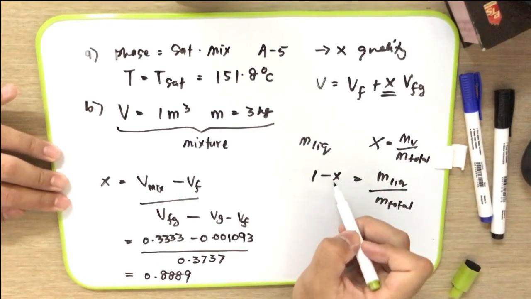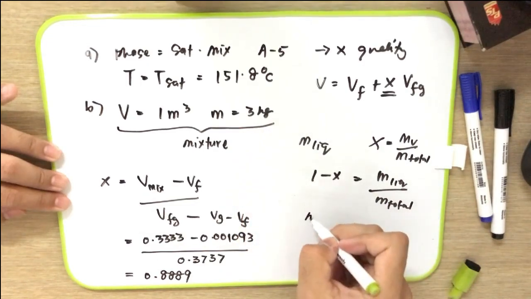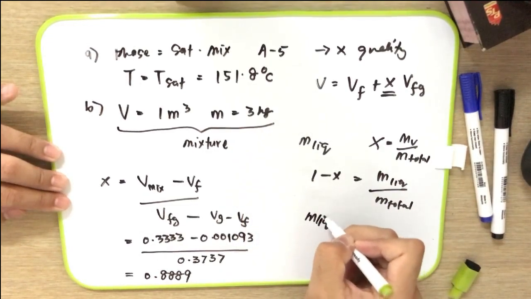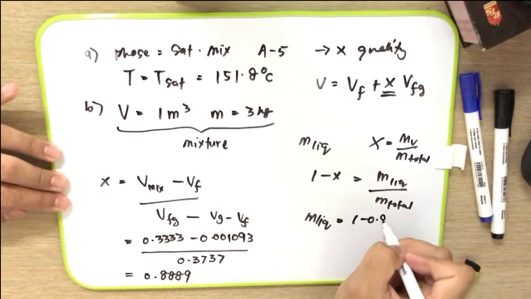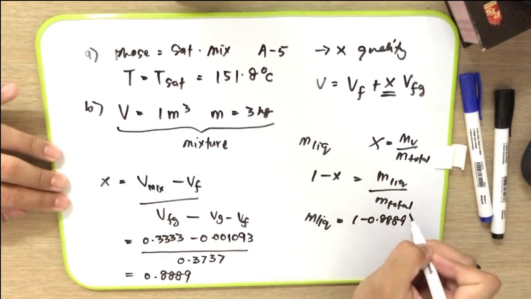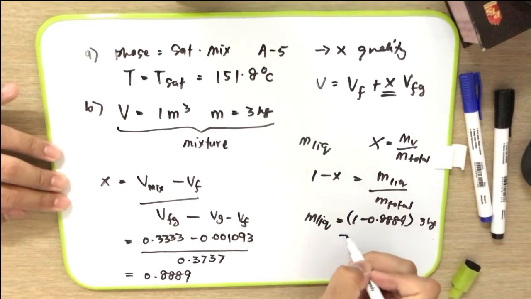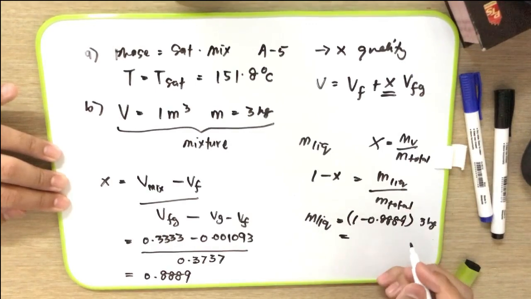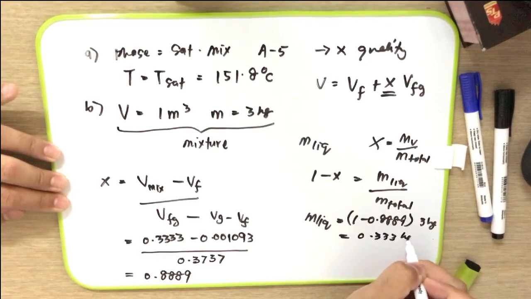So we know already the X, and M total we have 3 kilogram, so we can get M liquid is equal to 1 minus 0.8889 multiplied with 3 kg. So we will get 0.333 kg. So this is M for liquid.